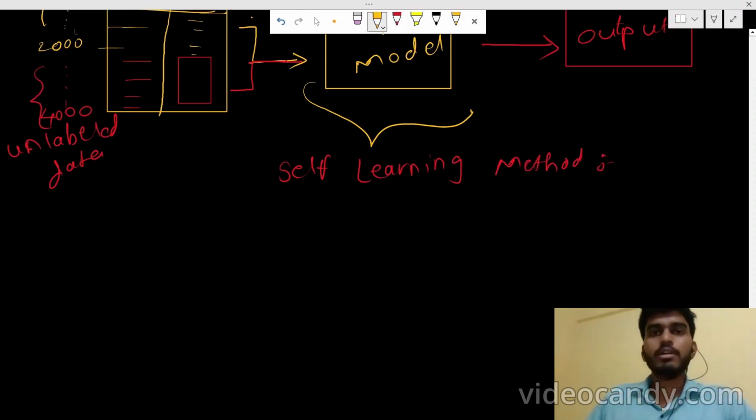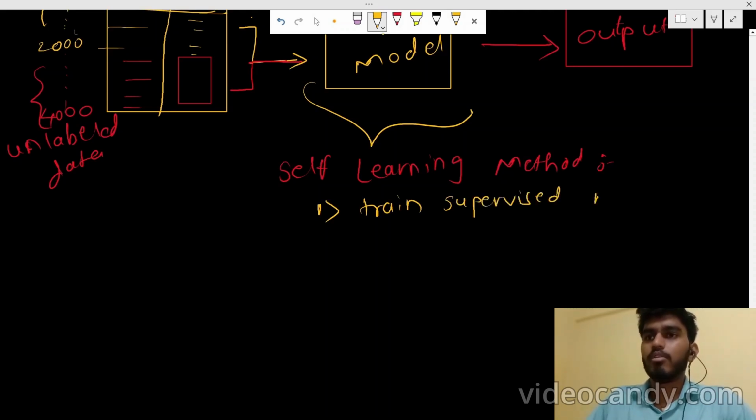So first we will train a supervised model using labeled data.